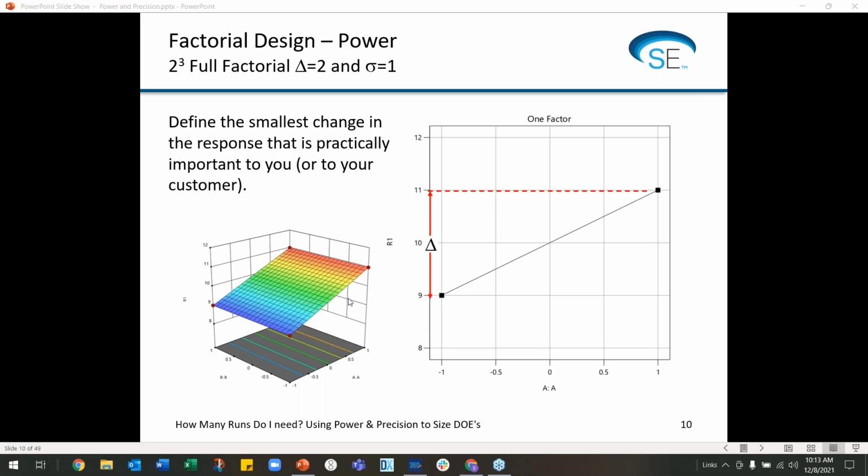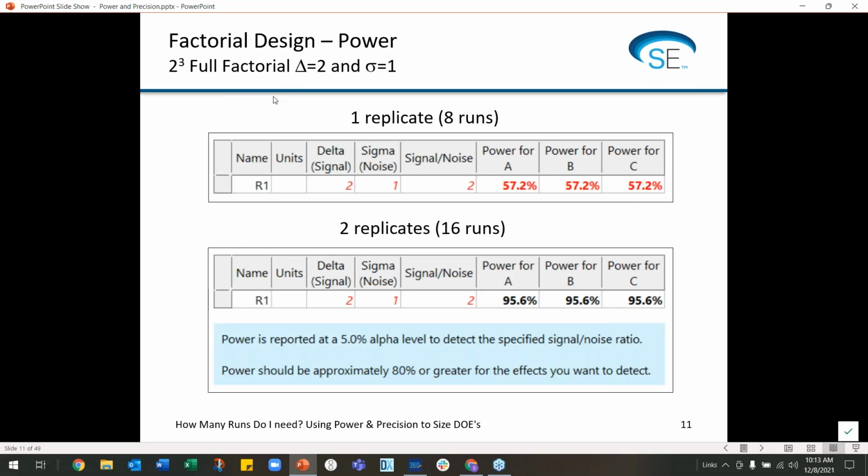Okay. If we were to look at an 8-run design with trying to detect a signal of 2, a change in the response of 2, given that the standard deviation of that response was 1, so this gives us a 2-to-1 signal to noise ratio, that little 8-run design would have a power of 57%.